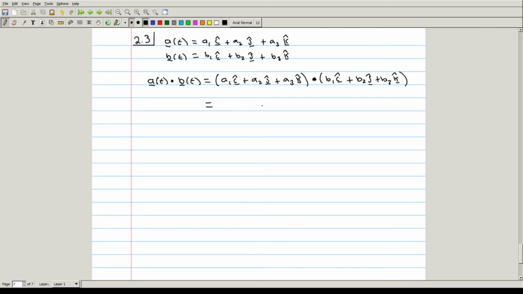And using our normal laws of the dot product, it obeys the normal laws of algebra. In which case we can expand this out, and it'll be a1 b1 i dot i plus a2 b2 j dot j plus a3 b3 k dot k. And we also do have a number of other combinations.